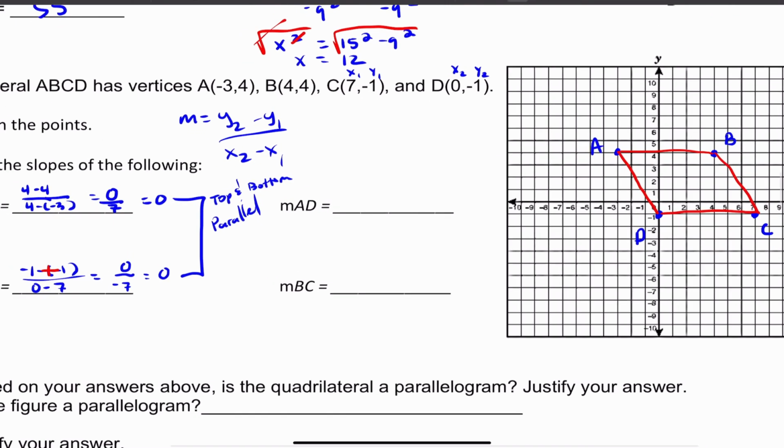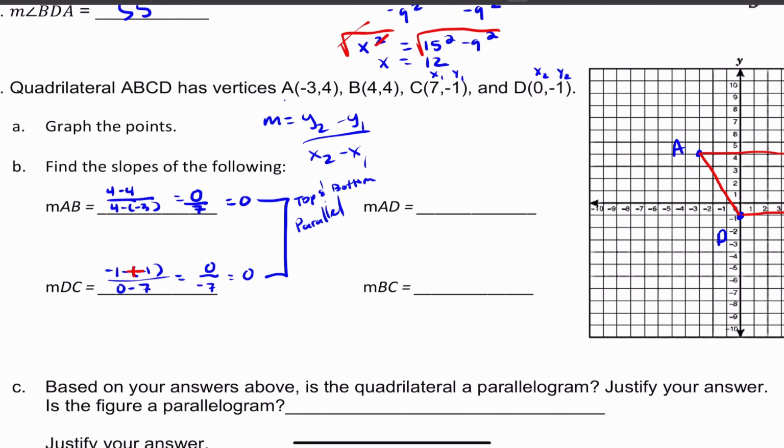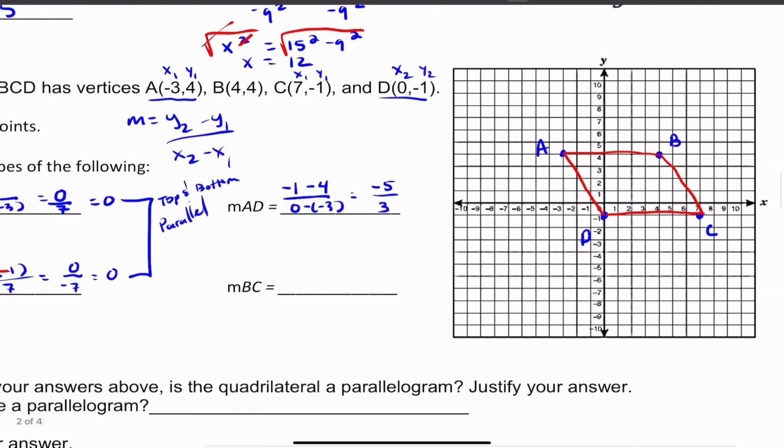Now I've got to find the slope of AD and then BC. So the slope of AD, here's A and here's D, x sub 1, y sub 1, x sub 2, y sub 2. y2 minus y1 over x2 minus x1. So negative 5, 0 minus negative 3, 0 plus 3. So it's negative 5 over 3.